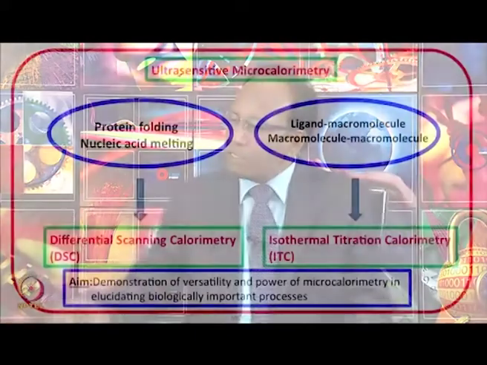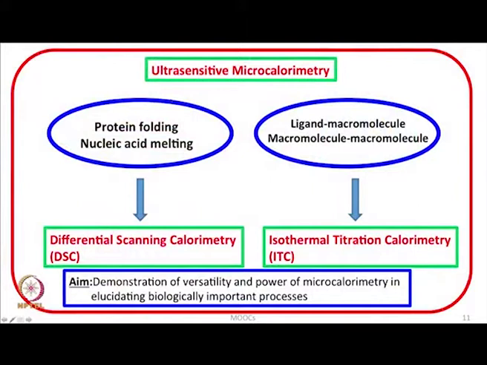At length we discussed ultrasensitive microcalorimetry. Its use in protein folding and nucleic acid melting, which is differential scanning calorimetry, has played an important role, and ligand macromolecular interactions we discussed with the use of isothermal titration calorimetry.